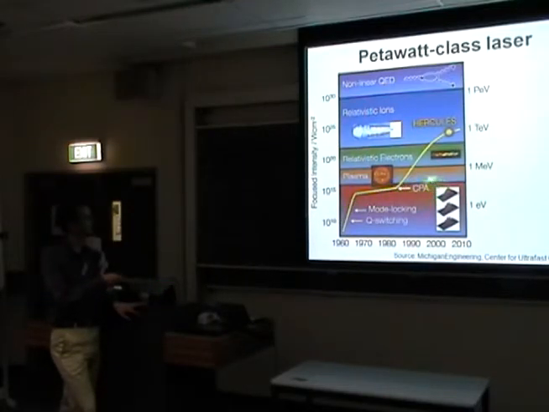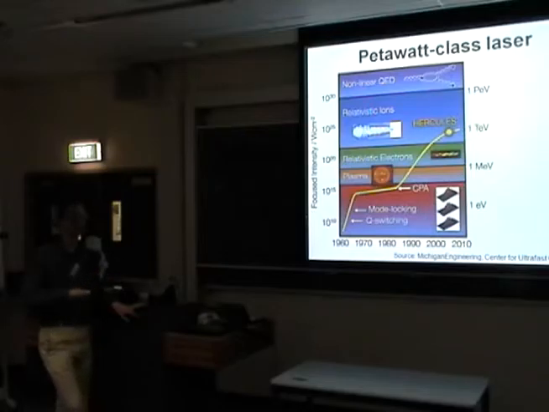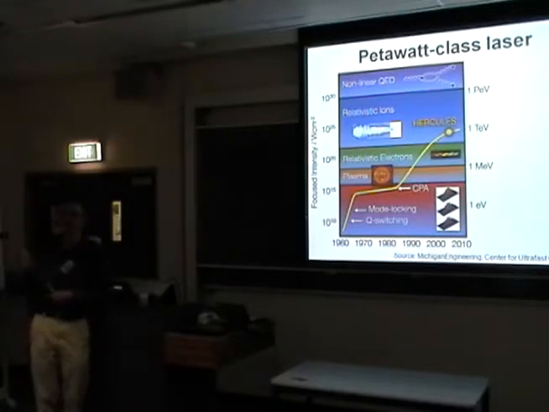And so chirped pulse amplification, which we just saw on the previous slide, is really the key technology to come up with very, very high peak powers. Actually, if you shine this light, say, on a thin metal plate, of course, first of all, you vaporize the metal, but you do more. You start to rip electrons out of the atoms because the electric field is so high that you ionize everything.